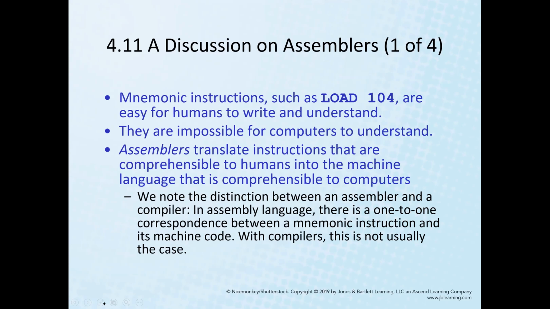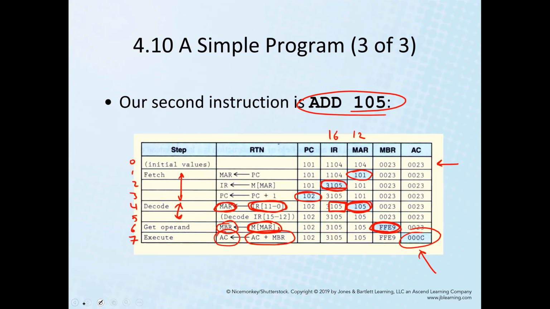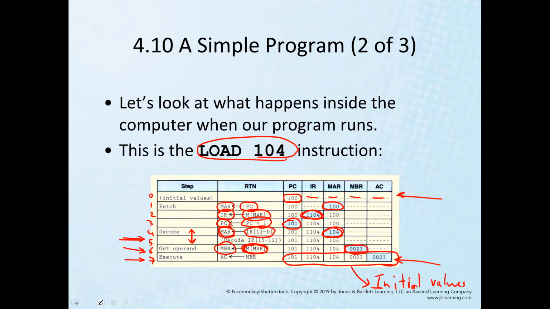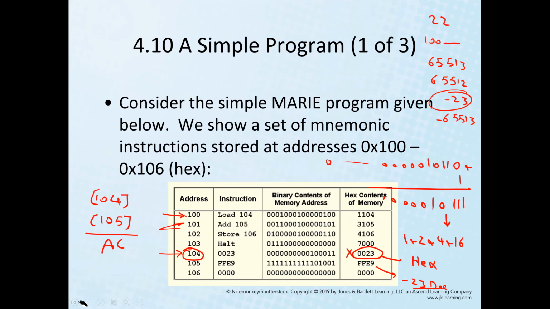What does assembler do? Assembler translates the assembly language to machine language. What is machine language? Let me go back and show you. Okay, let me go a few slides back. Here, these are assembly languages.